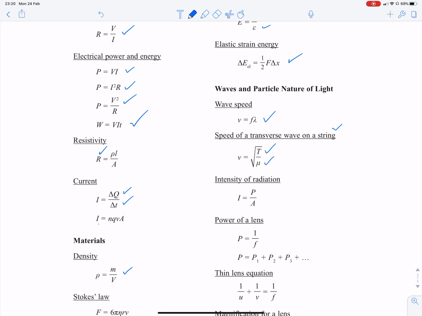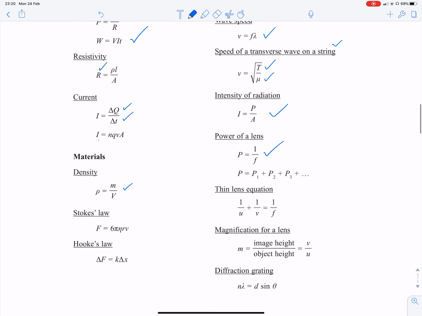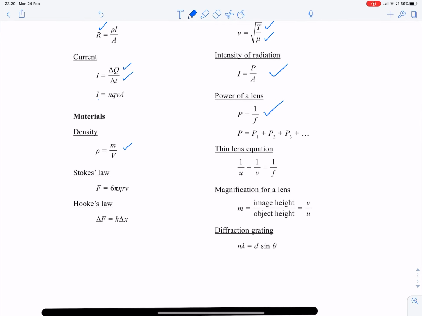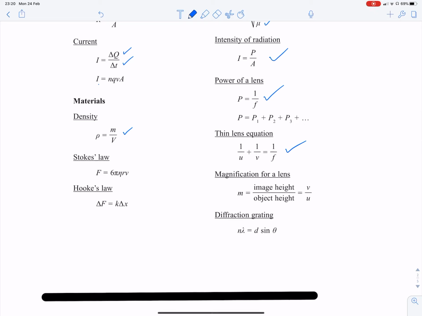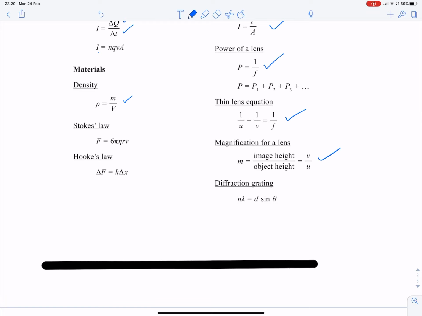The intensity of radiation, I equals P divided by A. The power of a lens, power is 1 over focal length, and P equals P1 plus P2 plus P3, etc. Thin lens equation: 1 over u plus 1 over v equals 1 over f. The magnification for a lens, M equals image height over object height. Then the diffraction grating, and lambda equals d sine theta.